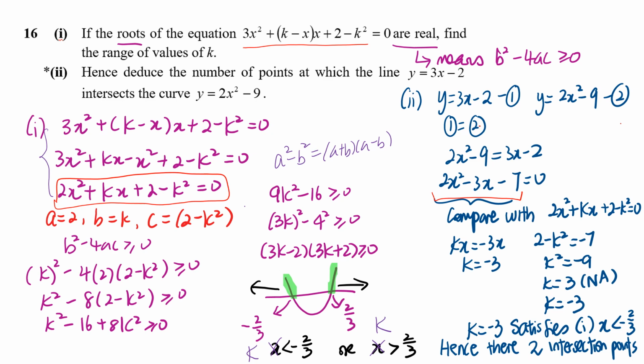So hence there are two intersection points, because from part 1, we are told that the roots are real. When the roots are real, you will have two solutions. Two solutions means two intersection points. And k equals negative 3 satisfies k less than negative 2/3. So hence it satisfies one of the inequalities, and hence it has two intersection points.